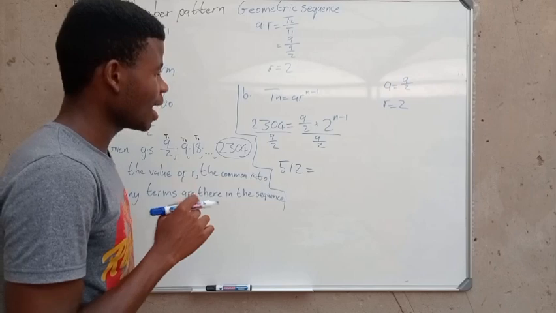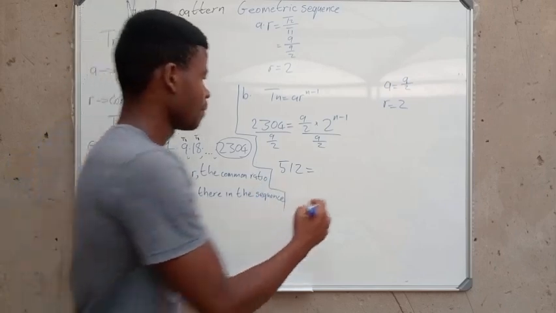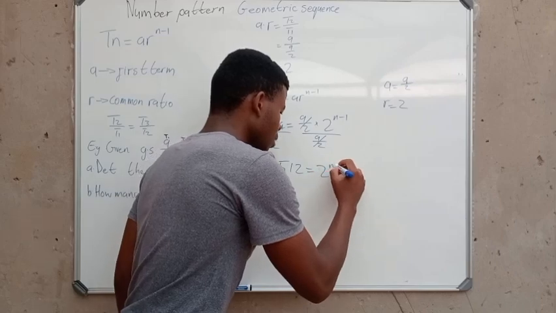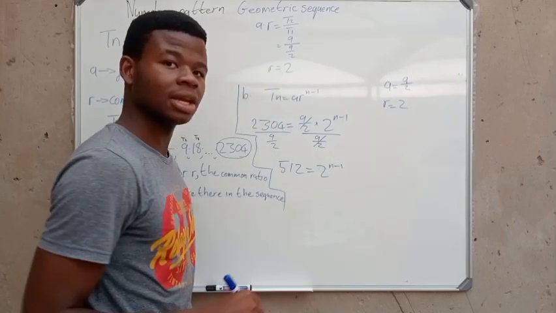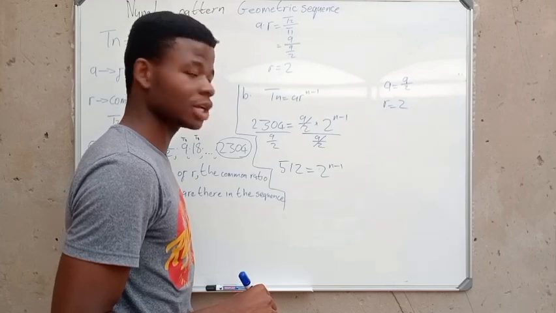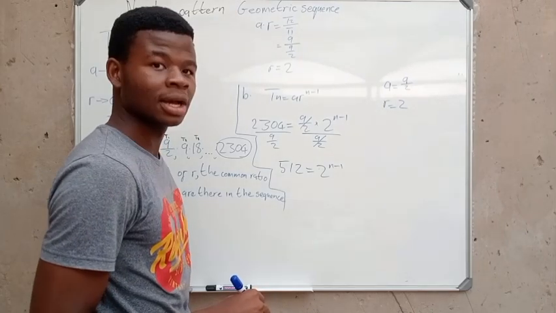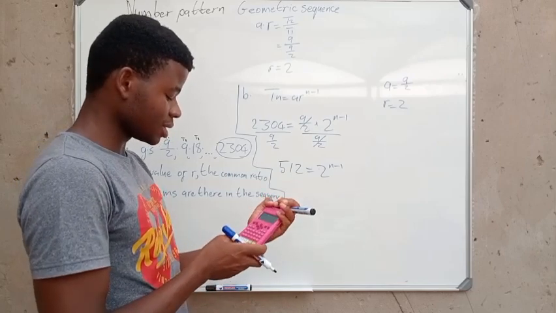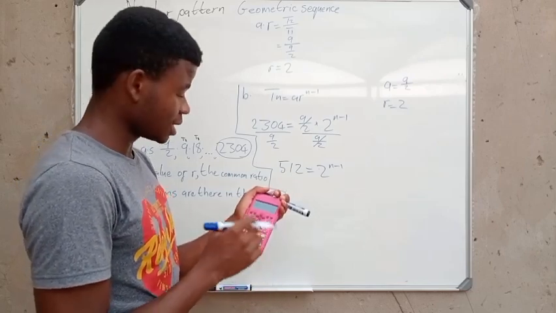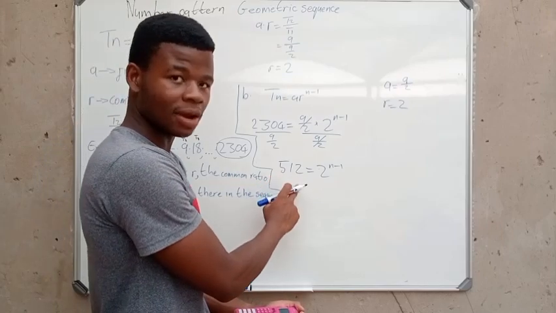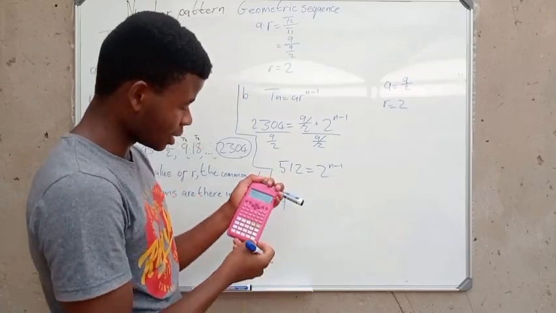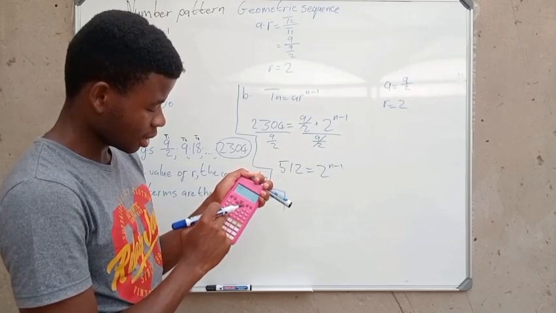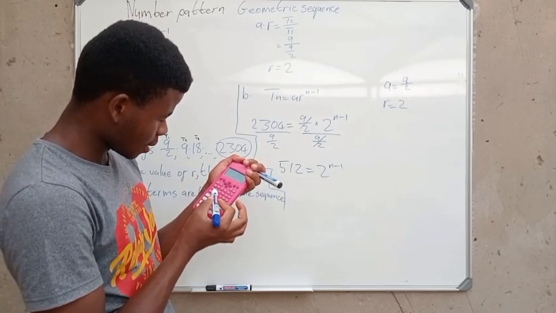Okay, so now I have 512. This cancels that, and I'm left with 512 is equal to 2 to the exponent n minus 1, right? So now, on your calculator, type 512 and then press the equal sign, and then press shift and then fact.